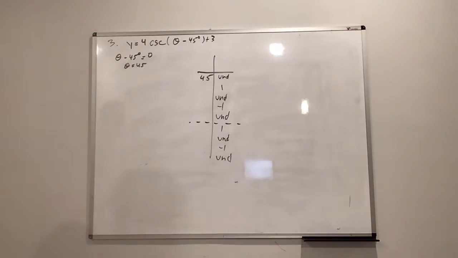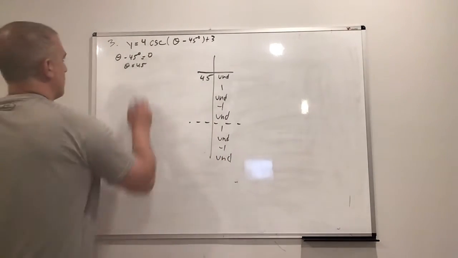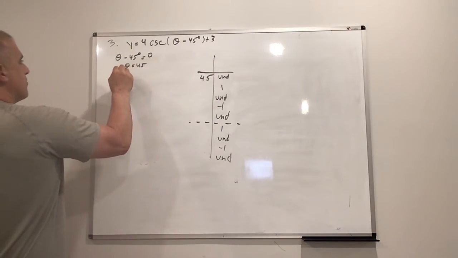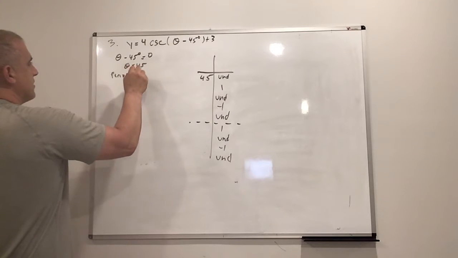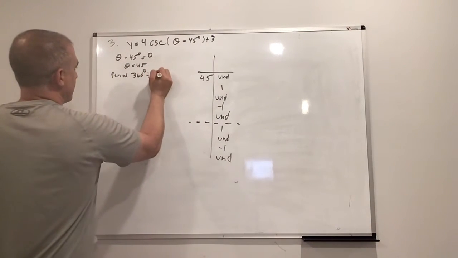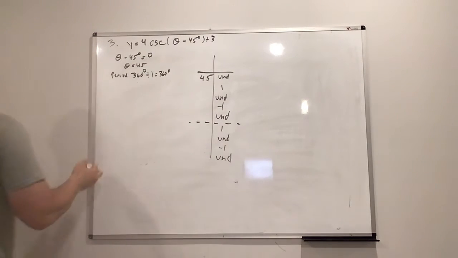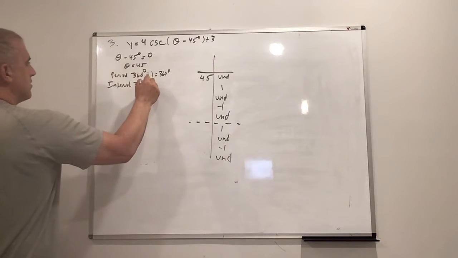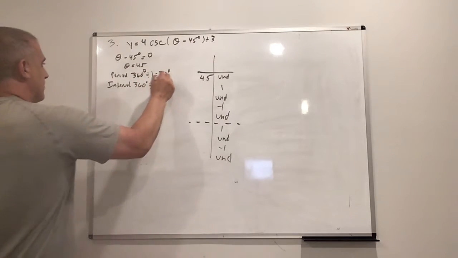So what I want to do next is figure out the period. The period will be 360 degrees, divided by 1 in this case, which would be 360. My interval will be 360 divided by 4, which gives me 90 degrees.